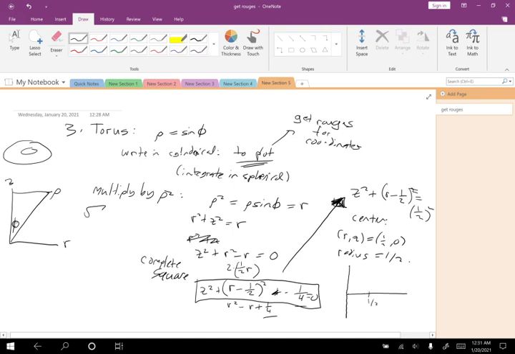Here is 1/2, and our circle of radius 1/2 centered at 1/2 will look like this. Okay, so we've seen that this strange looking equation is actually a circle, and this is only in the RZ plane.